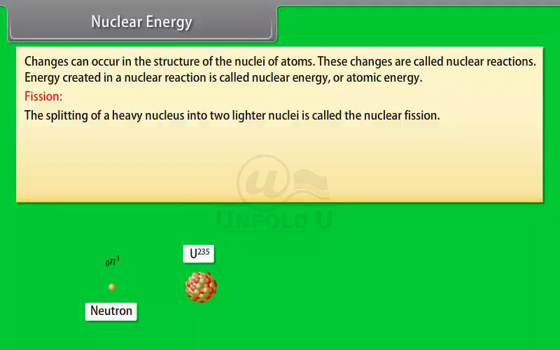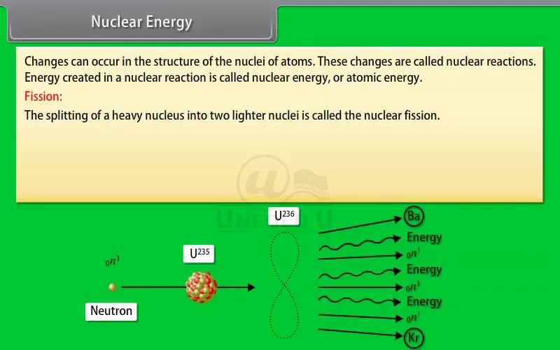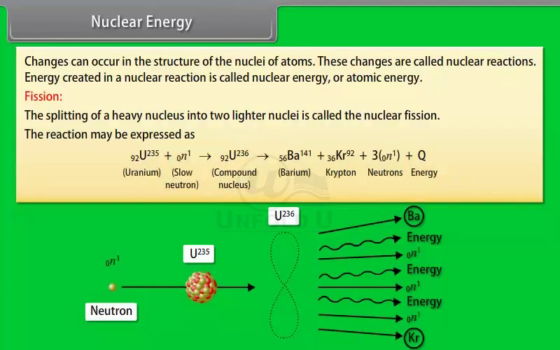When a slow neutron strikes a uranium-235 nucleus, it is absorbed by the nucleus and an unstable isotope of uranium, U-236, is formed, which immediately breaks into two fragments emitting 2 or 3 neutrons with release of enormous amount of nuclear energy. The reaction may be expressed as follows.